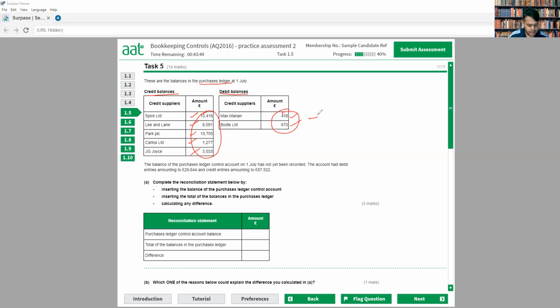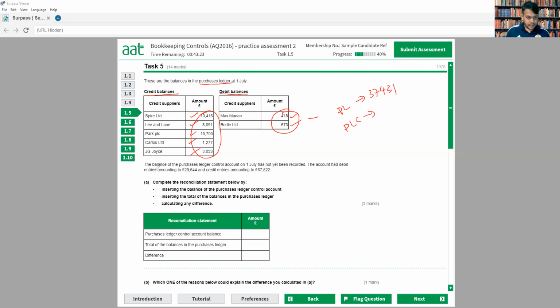And that gives me 37,431. So my total purchase ledger balance is 37,431. And it should match the purchase ledger control, because if I add all my suppliers, it should match my purchase ledger control. But if it doesn't match, you have to find why.